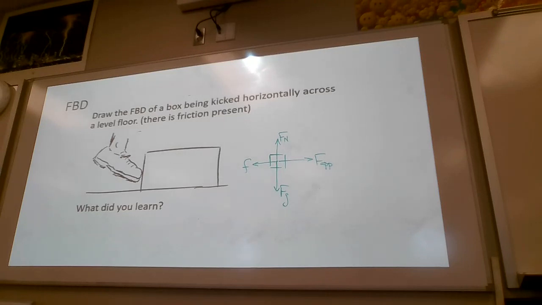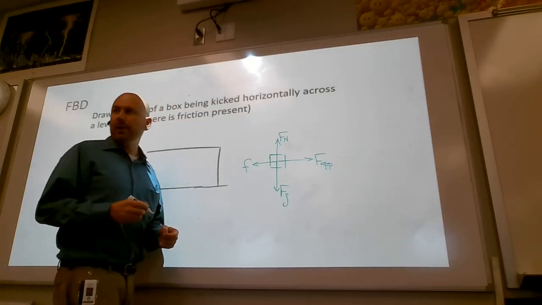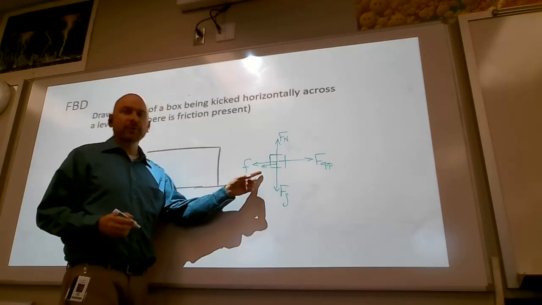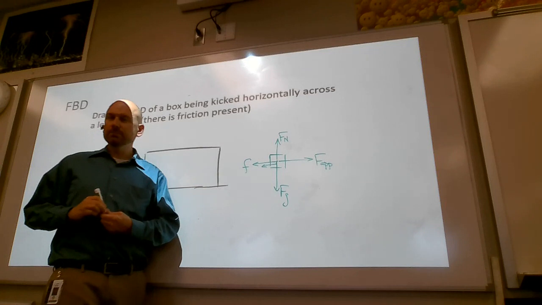Air resistance is not a thing, always, unless the problem says, hey, include air resistance, or hey, ignore friction. But your default: friction's there, air resistance is not. Sound good? If there was air resistance, it would be going which way? Is it legal to have two forces going in the same direction? Yes. Sound good?